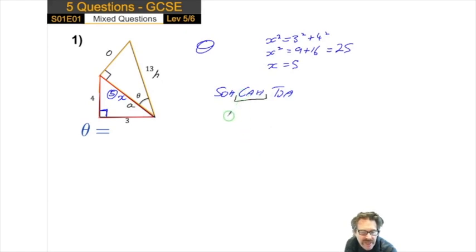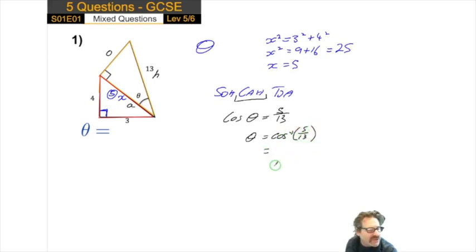So we're going to say that the cosine of the angle is going to be the adjacent, which is 5, over the hypotenuse, which is 13. So theta is going to be, we put in our calculator, cos to the minus 1 of 5 over 13.